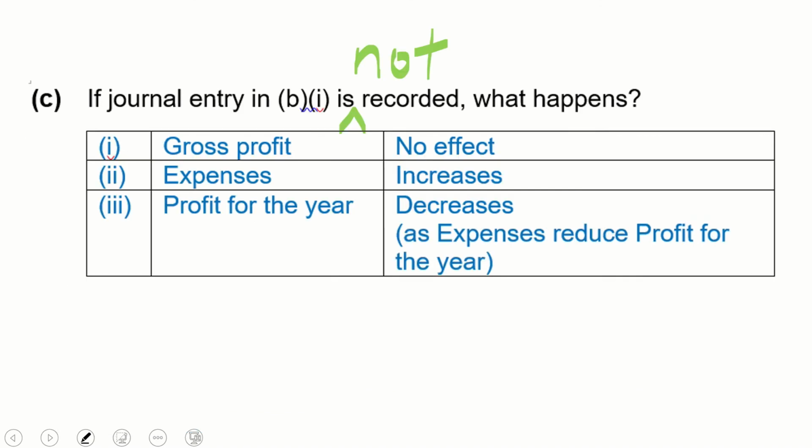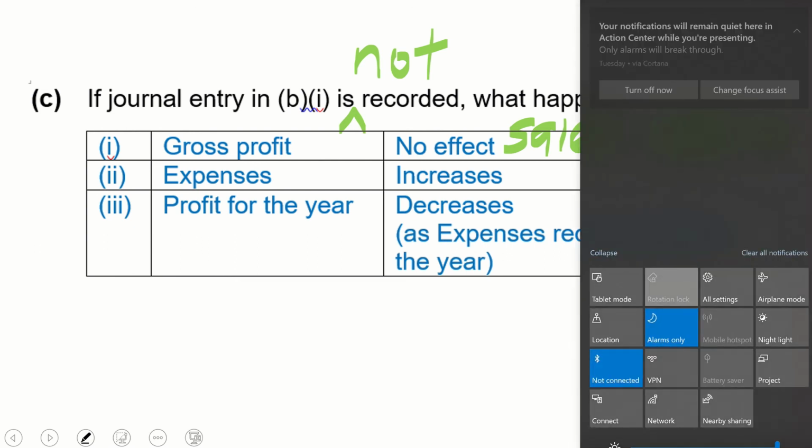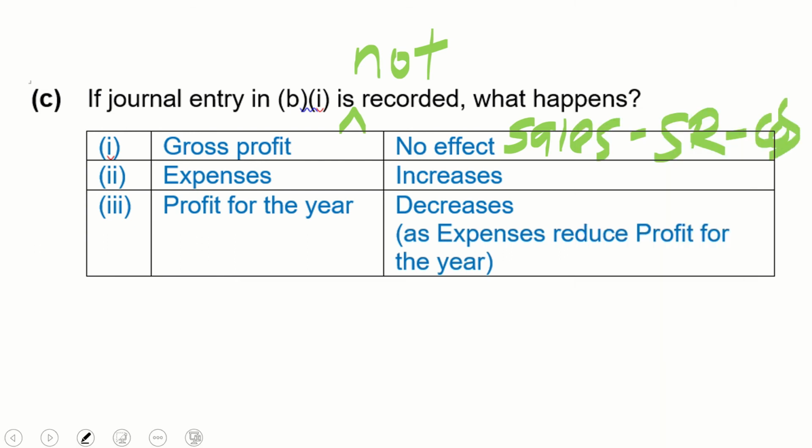Gross profit, no effect. Why? Gross profit is calculated using sales minus sales returns minus cost of sales. So there is no effect on gross profit at all.